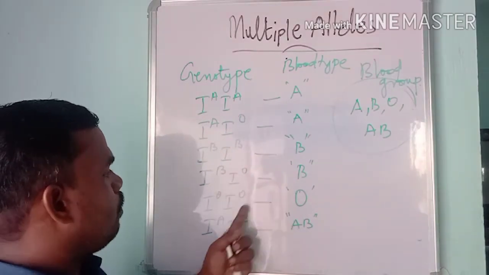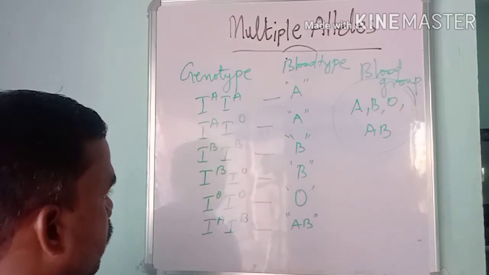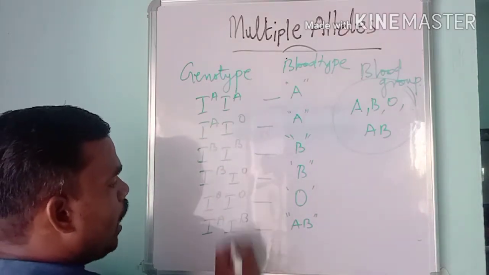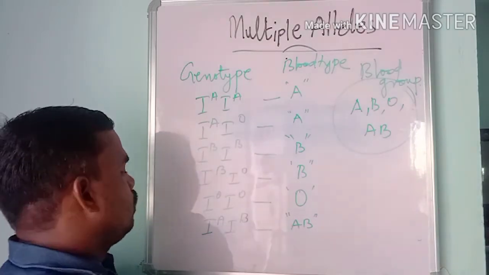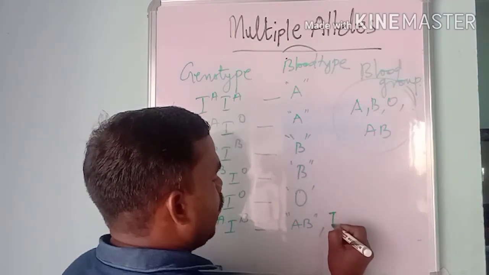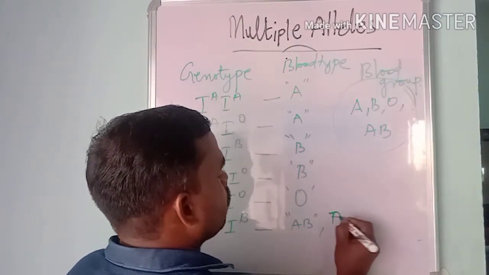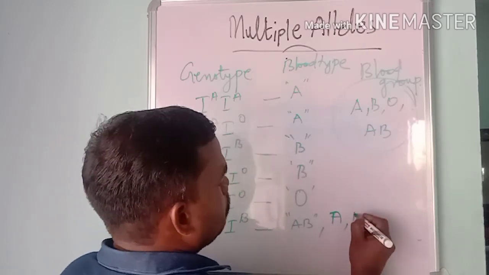IO gives blood type B, IO gives O blood group, and IB gives AB. The possible blood groups are A and B.